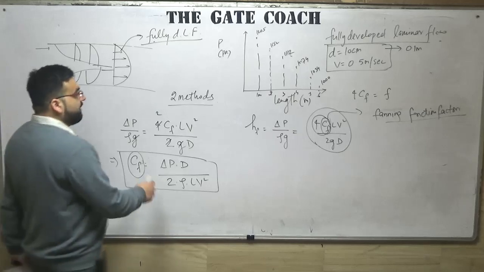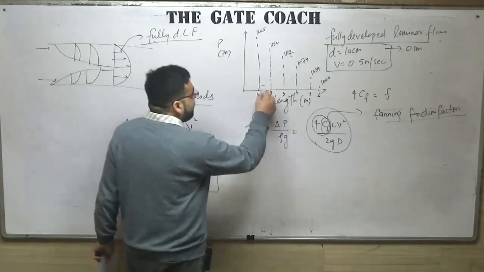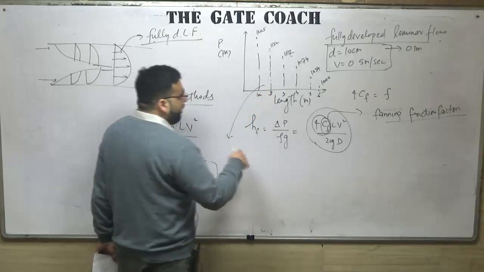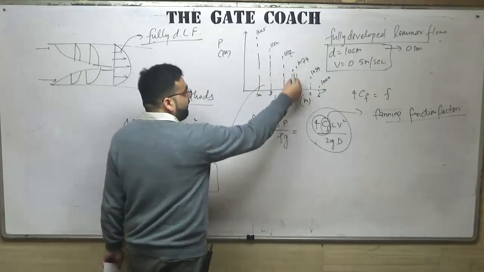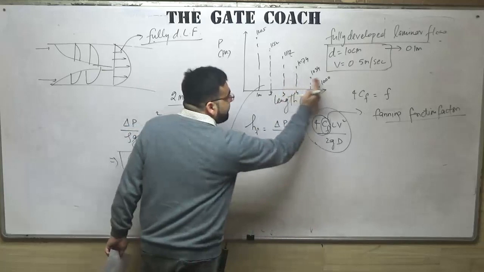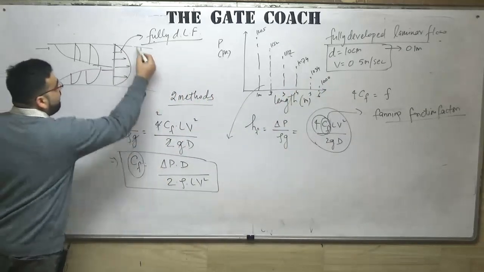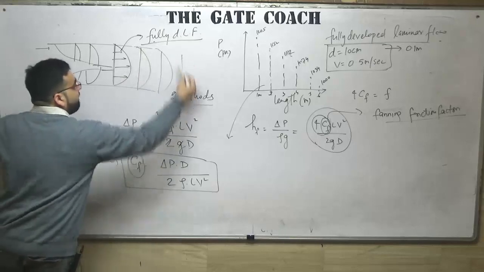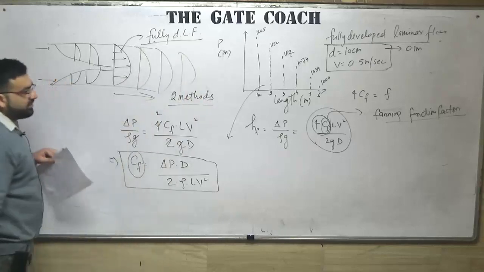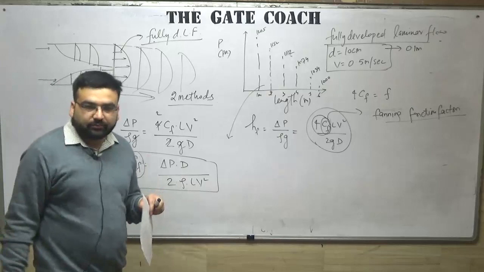Clear? So that is method number one. Let us say that for this you get 0.7, for this 0.6, for this 0.5 and so on. After some time it will become constant, because you will get the Fanning friction factor as constant for this particular zone. That is method number one.